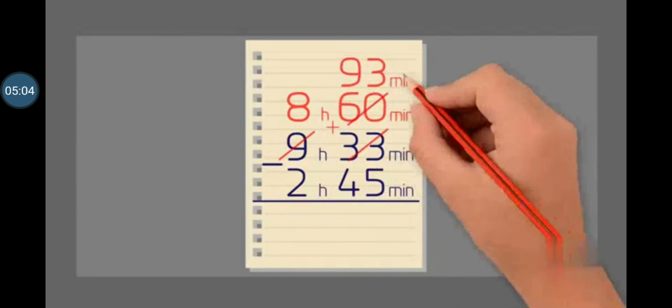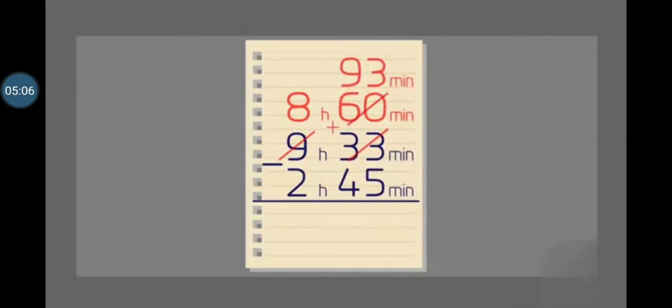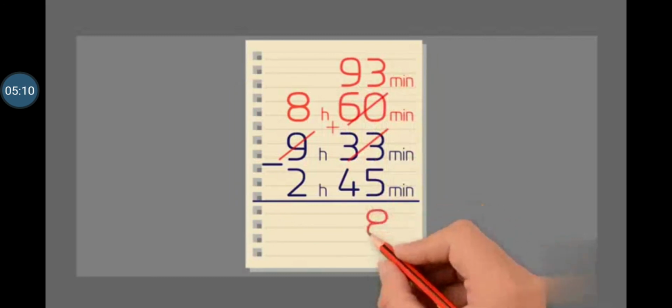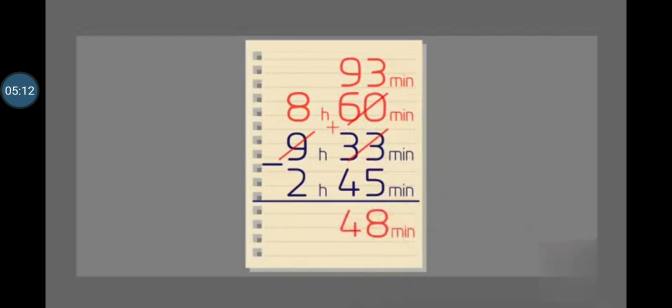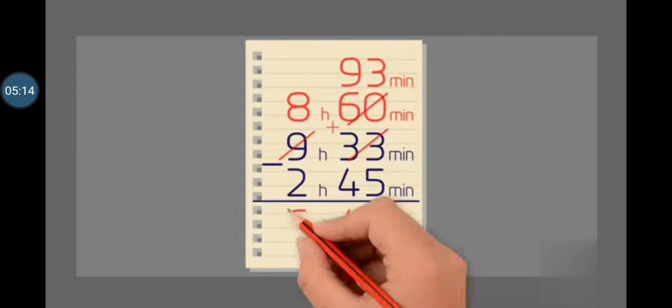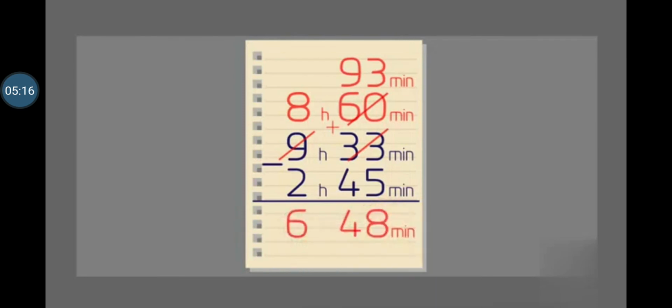Now we have to subtract 45 from 93, and 93 minus 45 will be 48 minutes, and 8 minus 2 hours will be 6 hours. So this is our final answer as 6 hours and 48 minutes.